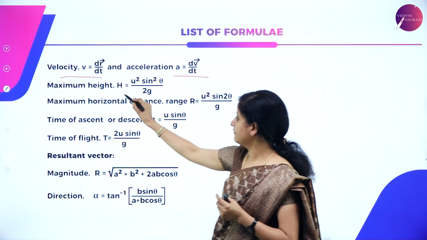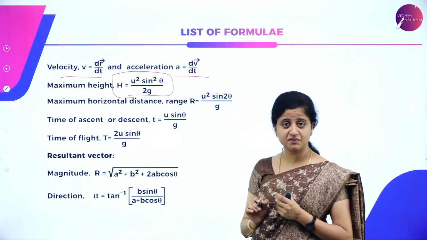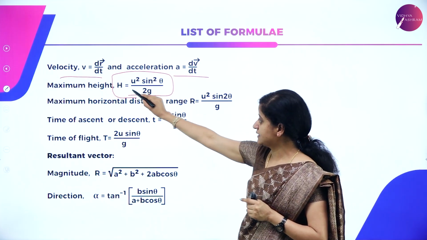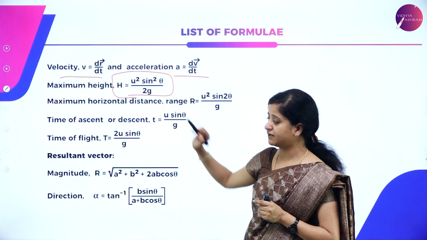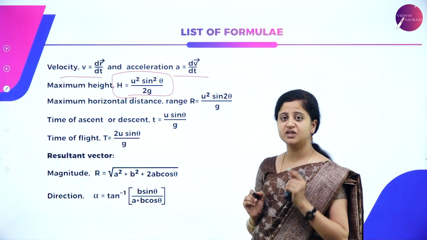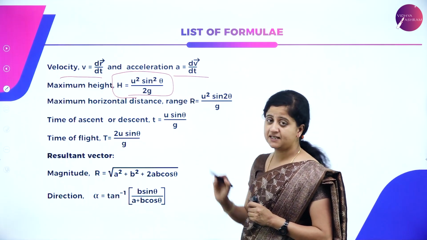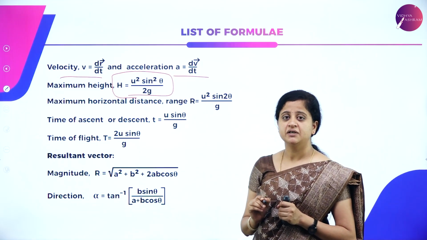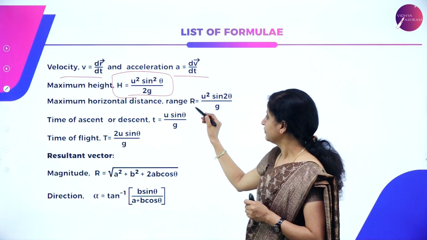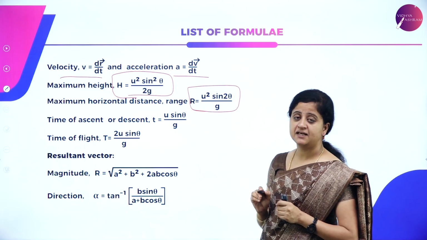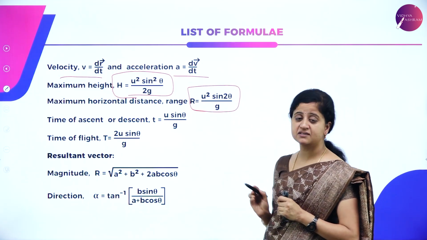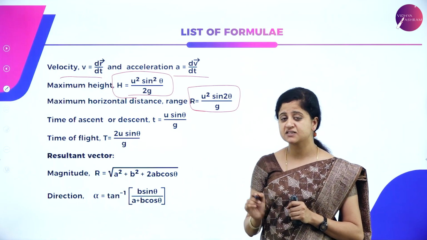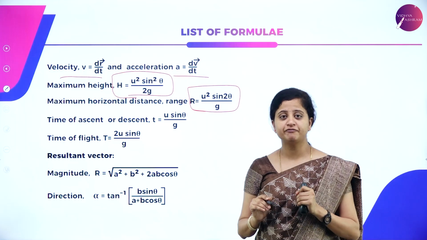We also derived an expression for the maximum height of an object in projectile motion, that is h is equal to u square sin square theta divided by 2g, where u is the initial velocity, theta is the angle of projection, g is acceleration due to gravity. We even derived an expression for horizontal distance, that is range. It is given by u square sin 2 theta divided by g. Here also u is the initial velocity, theta is the angle of projection.